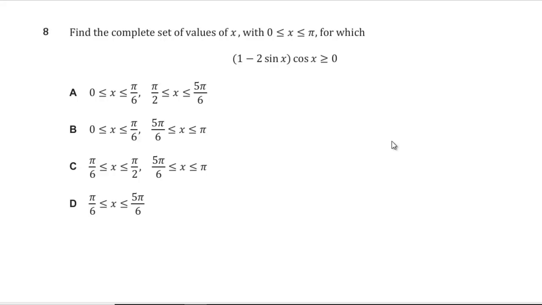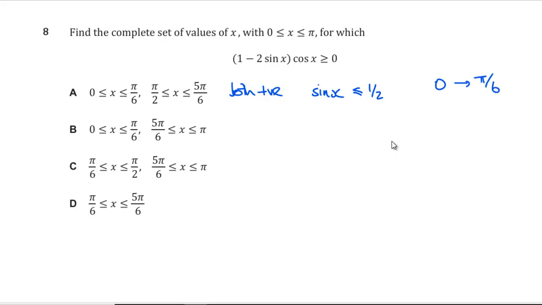So let's write this down so I don't forget what I'm doing. So both positive, so we need sine x to be less than or equal to a half. So that's keeping it in that range from 0 to pi by 6.